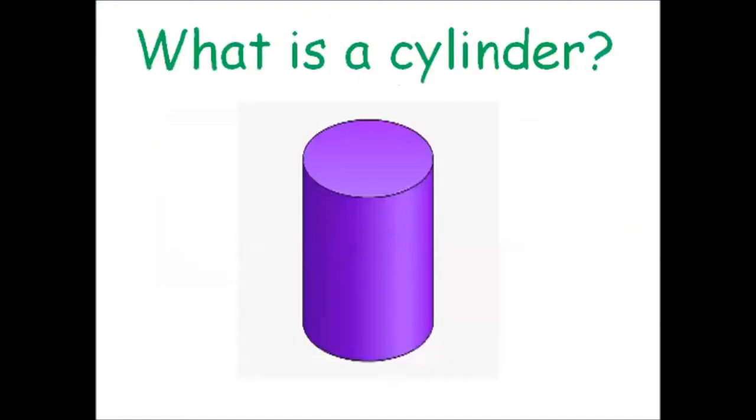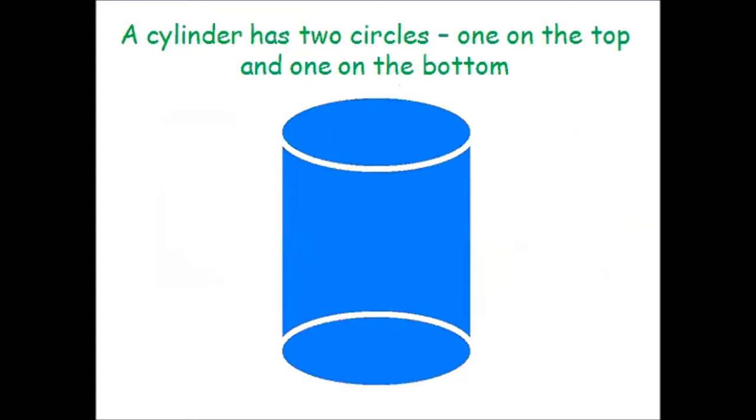And the other shape we want to look at today is the cylinder. Okay, let's take a look at the cylinder. My question asks, what is a cylinder? All right, let's find out. So here we see a cylinder.